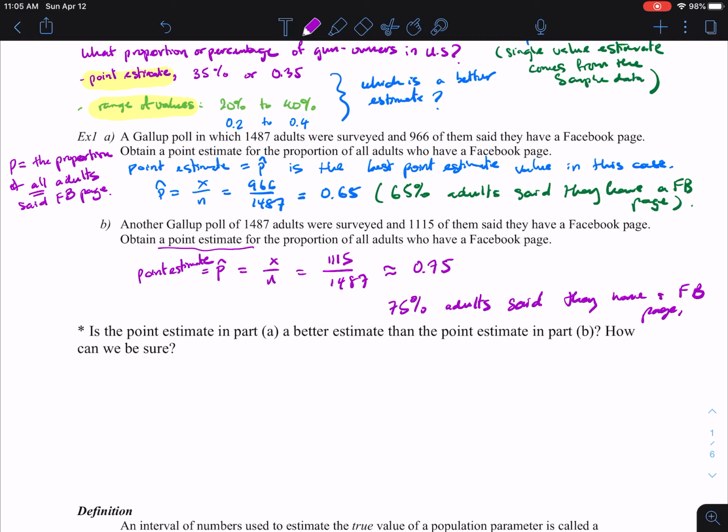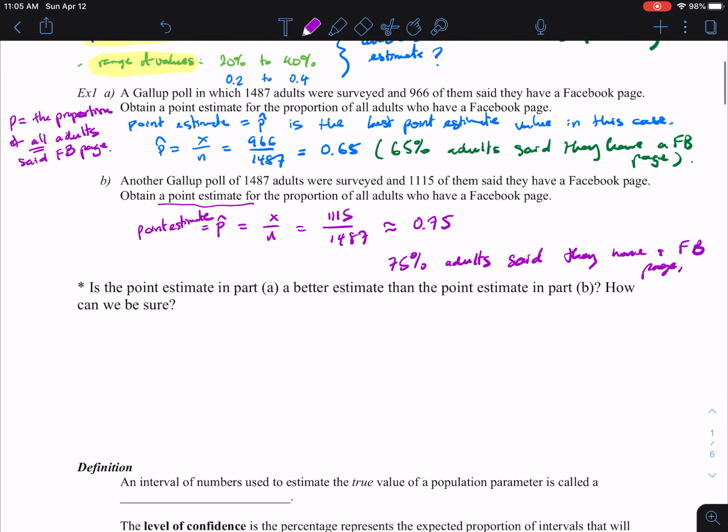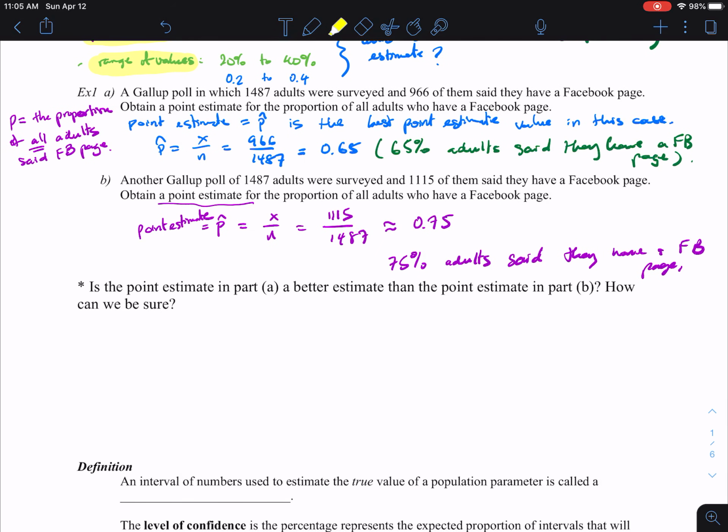The question now is, which is the better estimate? And that's what this question asks: is the estimate in part A better than the point estimate in part B? How can we be sure that this is better than the other one? Both of these values are just a single value. We don't know how close we are to the actual value p, the true proportion of all adults who have Facebook. There's no indication of how far off or how close.